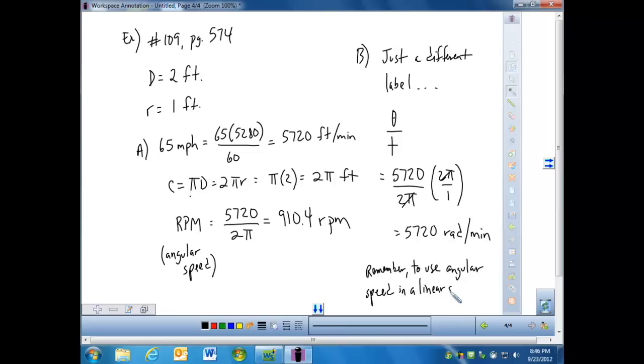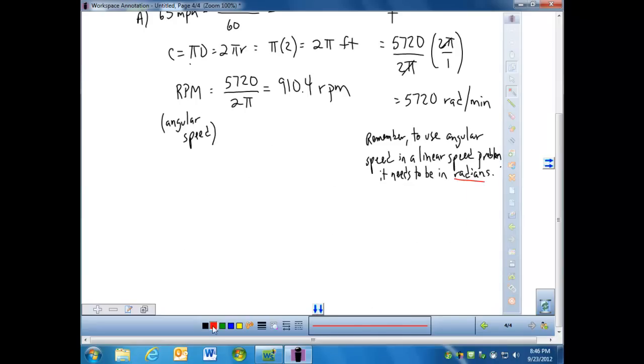Now, why is that important? It's important because if we have our answer in radians per minute, we could use that to answer a linear speed problem as well. Before you come in tomorrow, use the information you have here to answer this last question. Suppose you're a bug and you're stuck on the edge of the wheel.